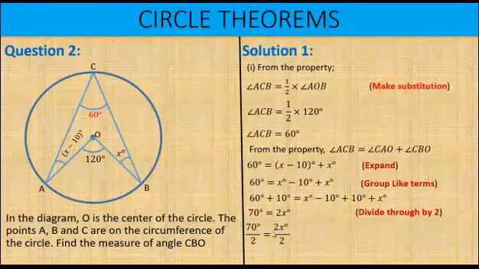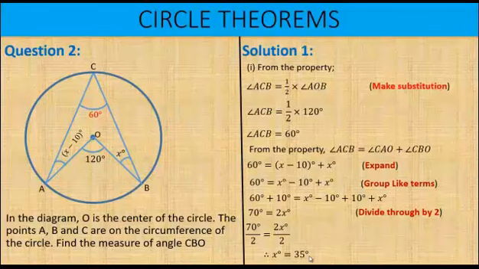So 70 degrees over 2 is equal to 2x degrees over 2. 2 goes into 70 degrees 35 times, and the 2 cancels the 2 in 2x degrees, leaving x degrees. Then we have x degrees is equal to 35 degrees.